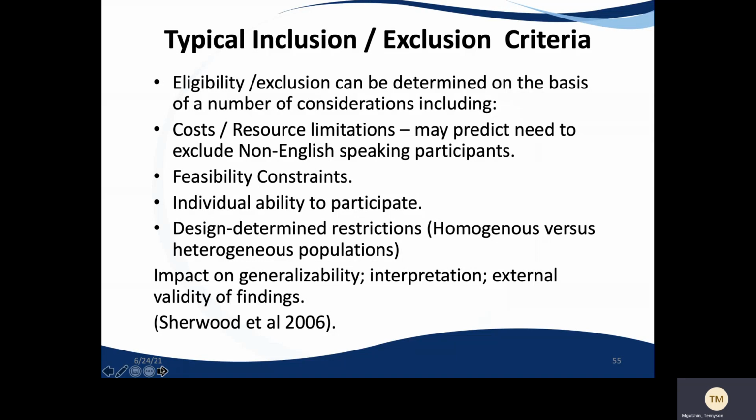Now, another concept that's important within sampling is these concepts of inclusion and exclusion. Some of you may have met this in other spaces, but it is important that we make reference to it here. Inclusion and exclusion criteria are those criteria that you use to determine eligibility for members of a particular population to be deemed as appropriate for consideration as the target population.